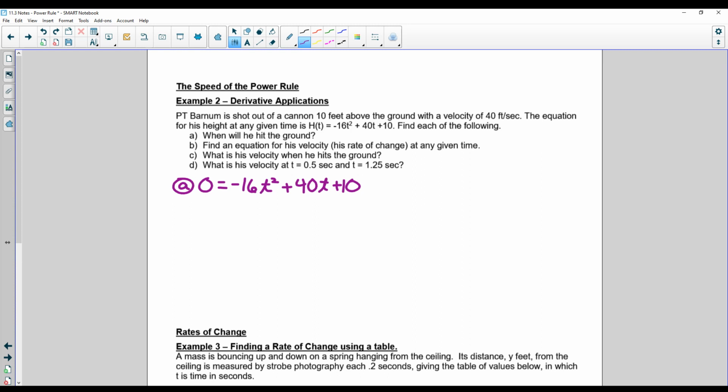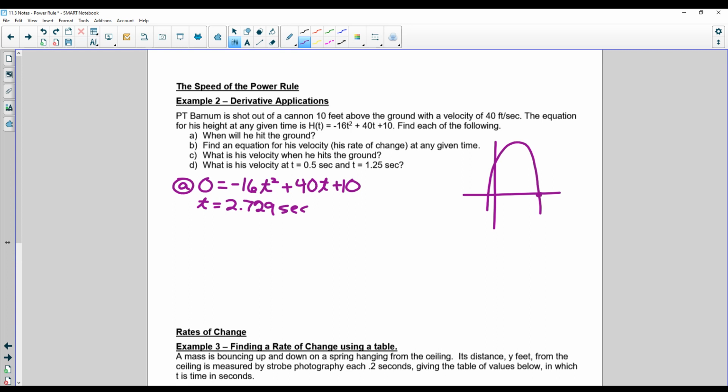I graphed it on my calculator and just found the 0, and the graph looks something like that right there. Finding this point right here ends up being t equals 2.729 seconds. So that's just Algebra 2 stuff there. That's when he hits the ground.